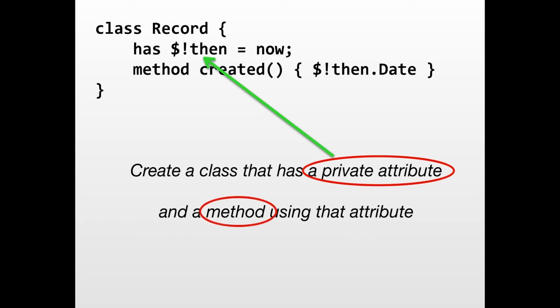But we can create another method with the method keyword and actually use that private attribute inside that method and then call a method on it. And in this case, I'm going to call the date on it. The default value that we specify there is what the private attribute will get as a value if we create the object.